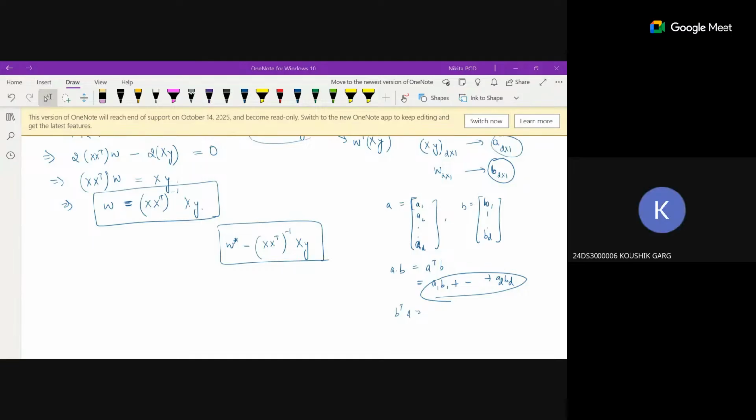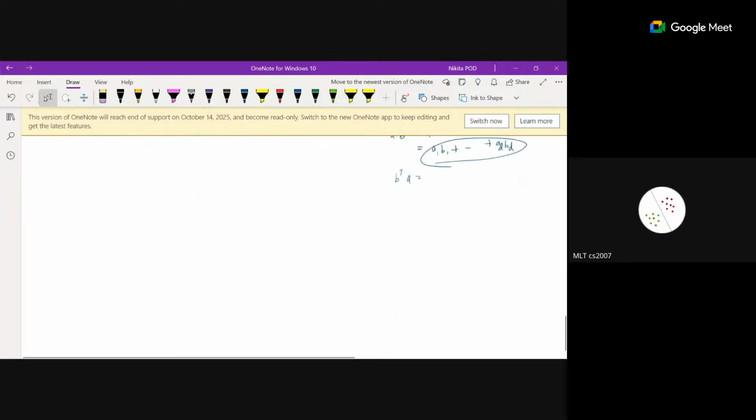Basically, ma'am, if XX transpose is not invertible, then we can use the pseudo inverse and proceed. But let's just assume the inverse exists and we can compute XX transpose inverse. So this is the solution that we get for this linear regression problem.